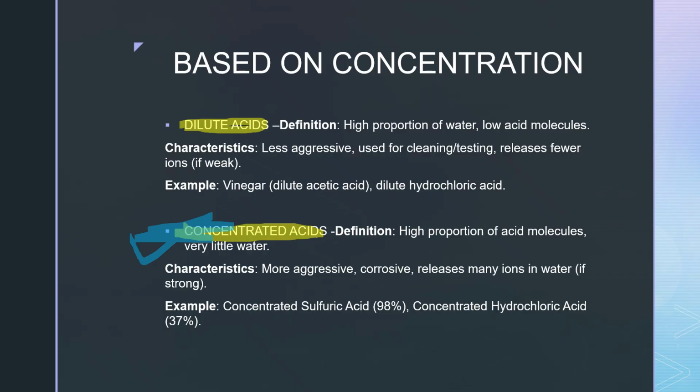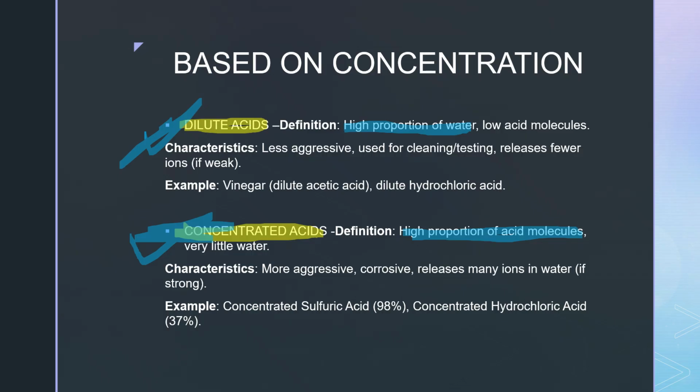Whereas if you are preparing lemonade, you will add a very small amount of sugar and a very large amount of water, that is said to be a dilute substance. So in the case of acids, if the proportion of water is high, it is said to be dilute acid, and when the proportion of acid molecules is high, that is said to be concentrated acid. Dilute acids are less aggressive, concentrated acids are very aggressive, very corrosive.